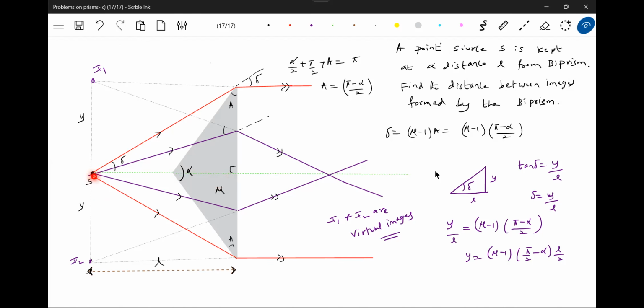If you keep a point source near the apex at a distance L, it is a thin prism, and then we can calculate the position of those two images. The mathematics will be much easier with the red color ray of light. This will be used in wave optics, the Fresnel biprism.